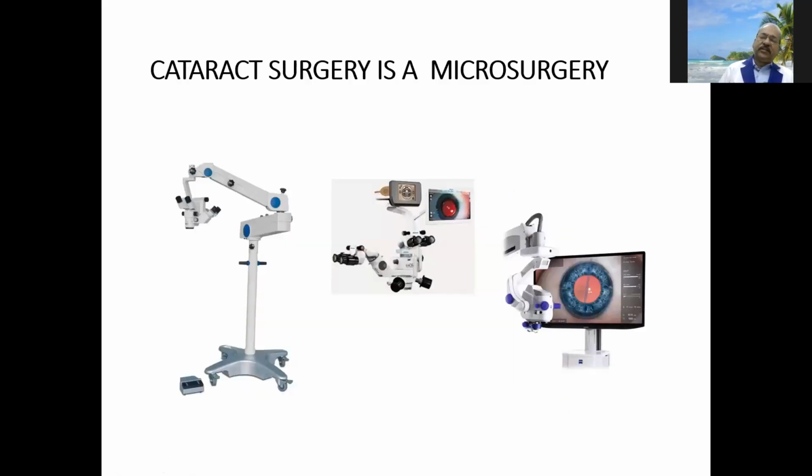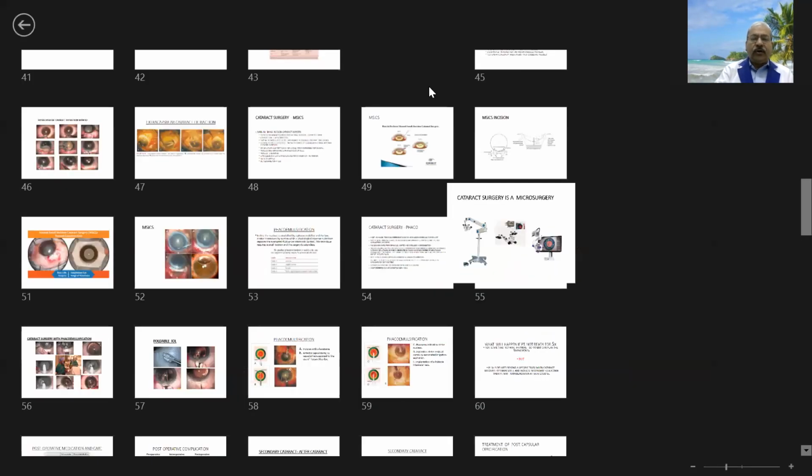Nowadays, cataract surgery is a microsurgery. We operate under an operating microscope.